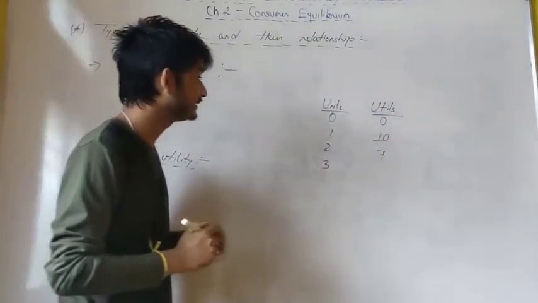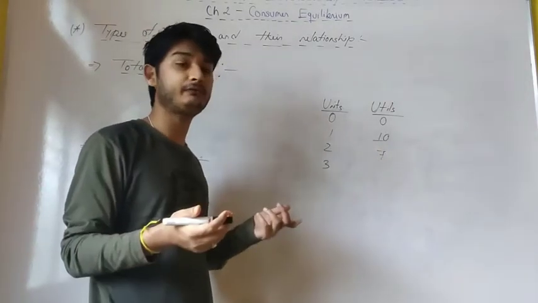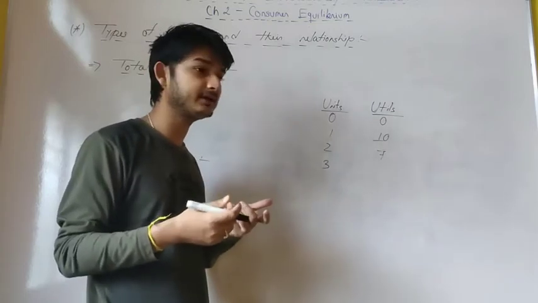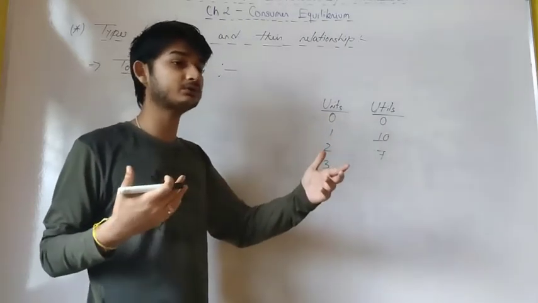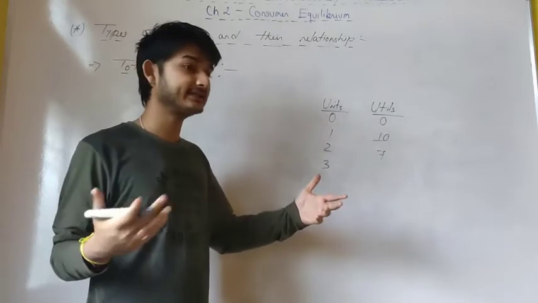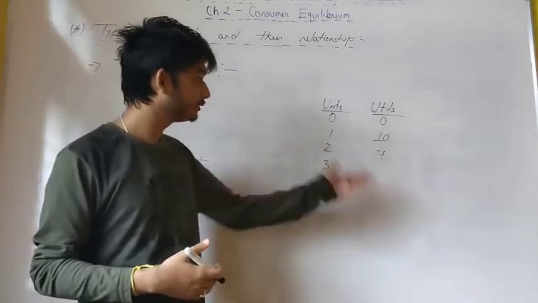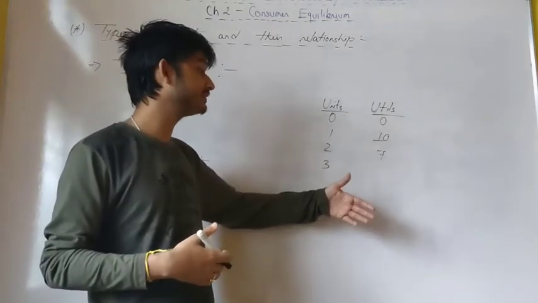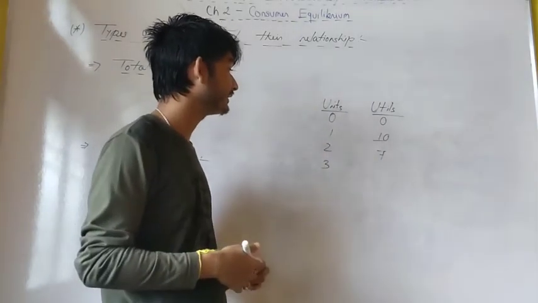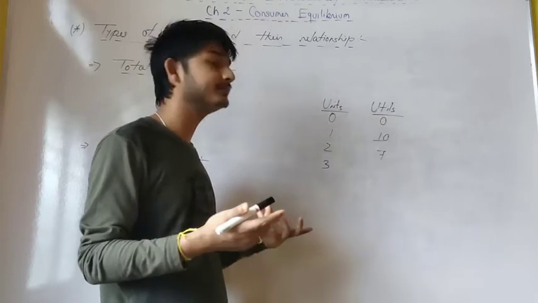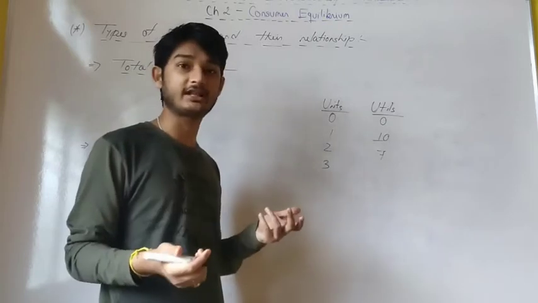This is coming down because whenever you have the first piece of chocolate, you will get enormous satisfaction. The satisfaction level will be higher. But whenever you start consuming more and more of the commodity, the additional utility that we get tends to diminish. So in the successive units consumed, the utility diminishes. Think of it like this: when we are very thirsty, the first glass of water gives us a lot of satisfaction, a lot of relief.